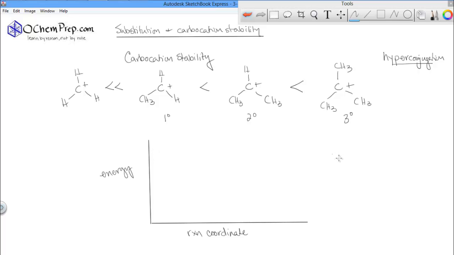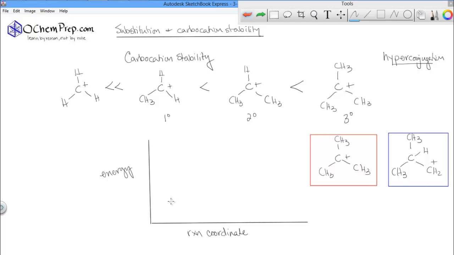Well, if we have a reaction that can possibly go through this carbocation, the tertiary carbocation, instead of, say, rearranged a little bit, let's put CH3 here, and then H here, and then make it into a primary carbocation. So my red pen will indicate the tertiary carbocation.